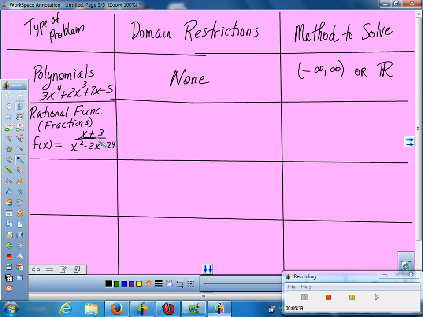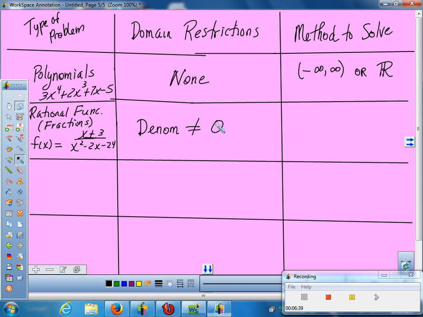Zero, out of the fraction, your denominator. The denominator can't equal 0. You can never have a denominator equal 0. So how am I going to figure out what makes the denominator equal 0?